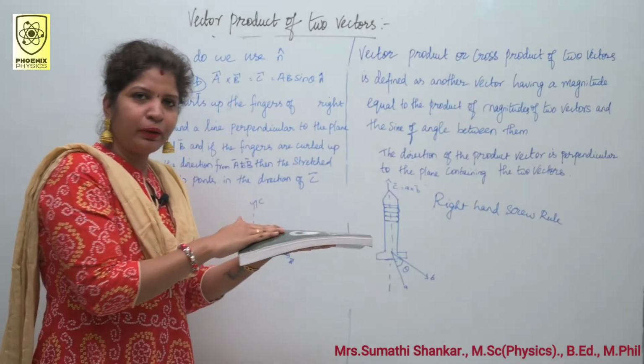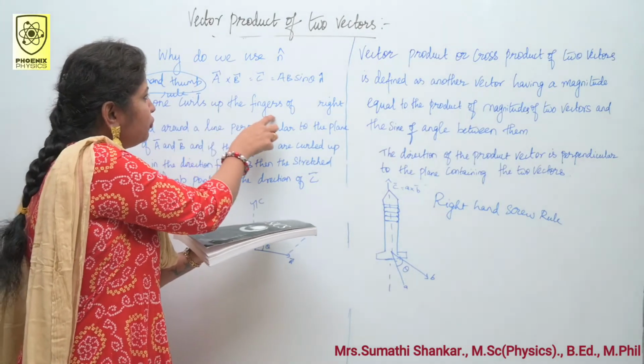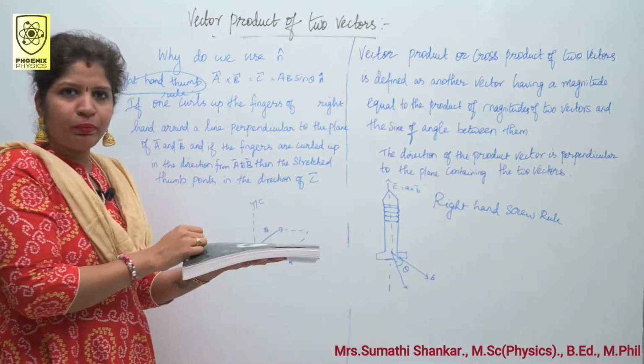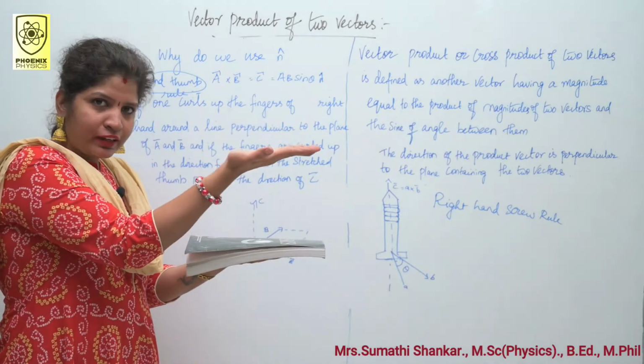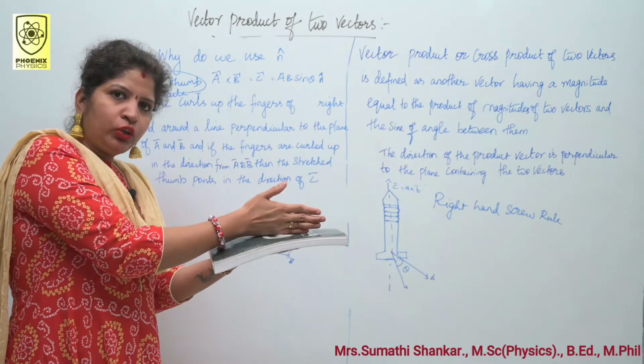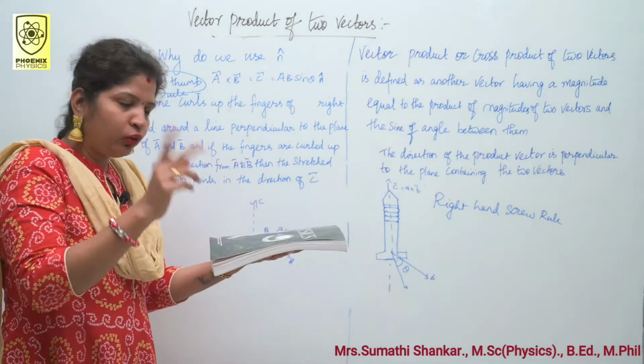Consider this as a plane. So the first line, if one curls the fingers of the right hand around a line perpendicular to the plane. So this is my right hand fingers. Place the fingers perpendicular to the plane. So this is my plane. In this plane I have two vectors.